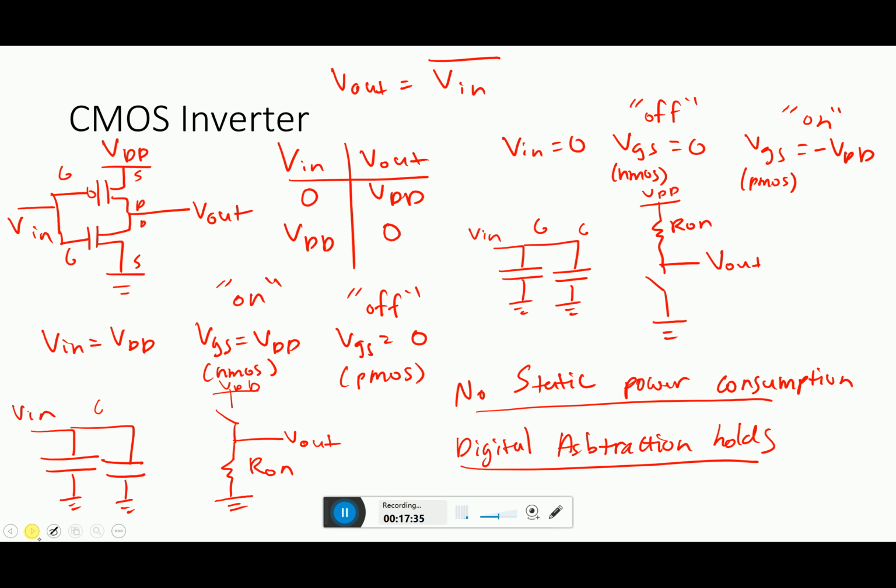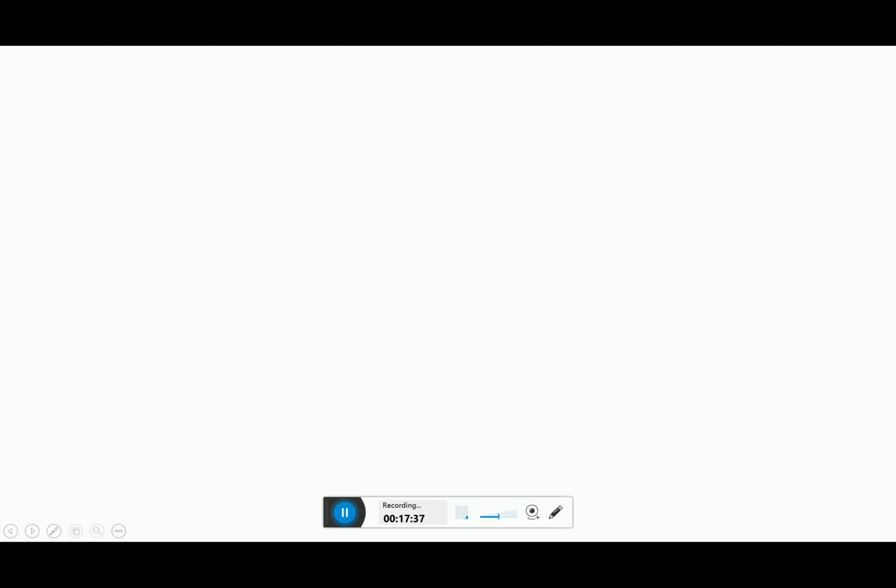Okay, one last thing. So I talked before about noise margins. So how do we analyze the noise of the circuit? And how do we analyze what a good digital circuit looks like? So what we do is we look at something called the voltage transfer curve, or VTC, or voltage transfer characteristics.